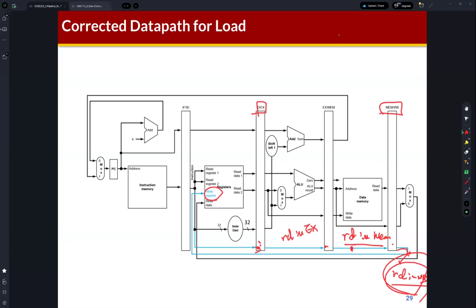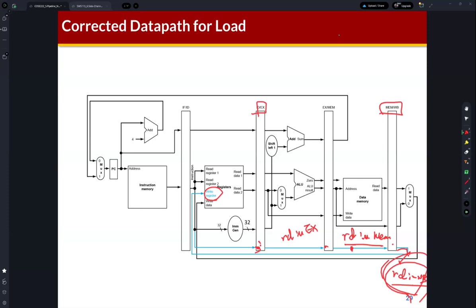So for the pipelining design, firstly we insert the pipeline registers, and then we need to match the timing of signals. Like this: RD in write back and data in write back.